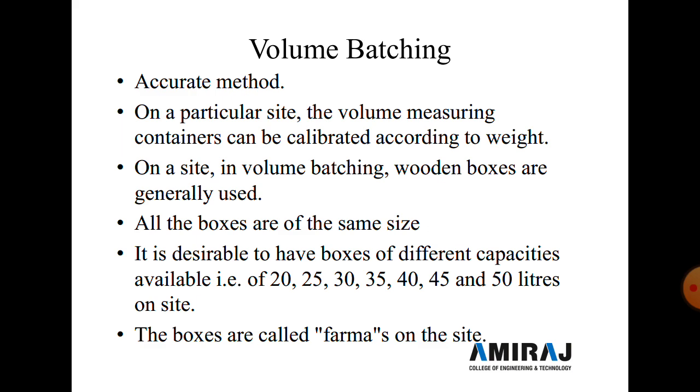As per the farma, if we take a proportion like 1:2:4, here one part of cement means one box of cement, 2 boxes of sand and 4 boxes of aggregate as per the ratio. So here wooden boxes are used as a volume measure.